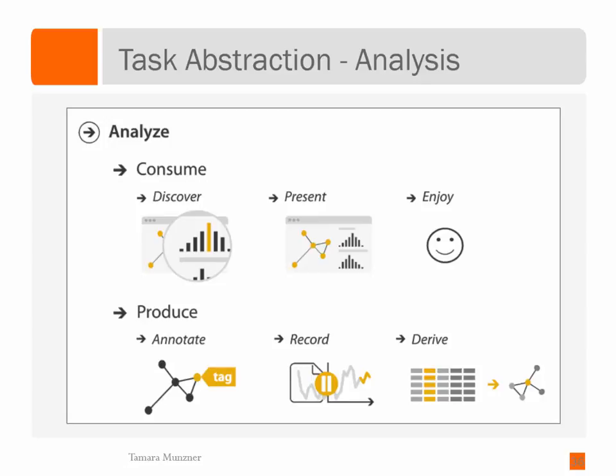In a consumption mode, I might discover particular aspects about a data set in a visualization. So here you see we have a magnifying glass. It's moving across a distribution. We might be finding that it's a normal distribution, an abnormal distribution. It's skewed in one way or another. We might be comparing some of the measures there. So here we're discovering. I might also present.